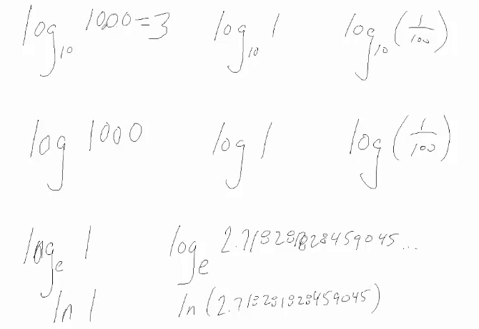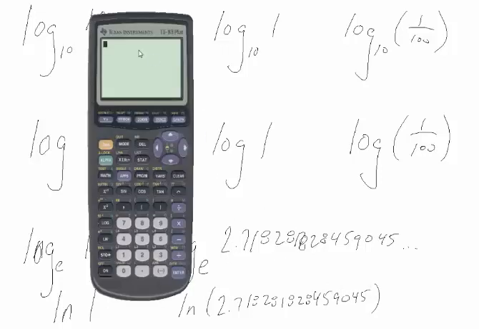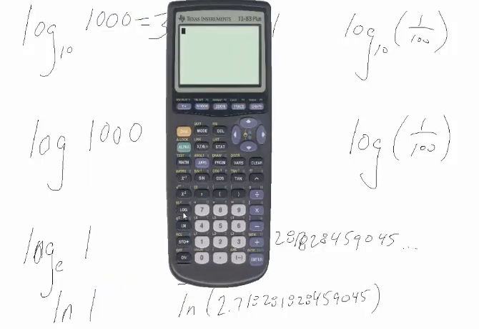If we have base 10, we can use the log button on our calculator. If we have base e, we have ln. So here's this button on the calculator, ln. So ln 1 should equal 0, because e raised to the 0 power equals 1.